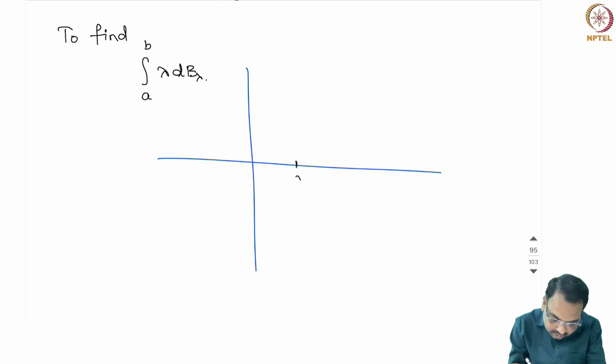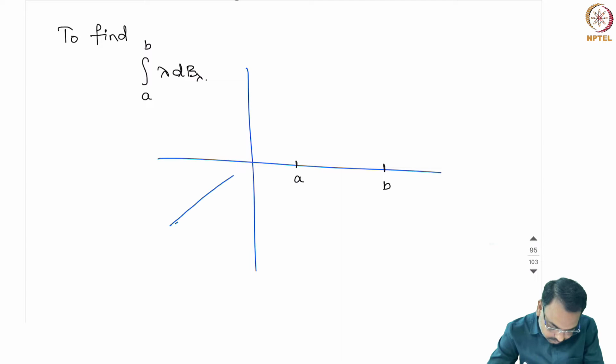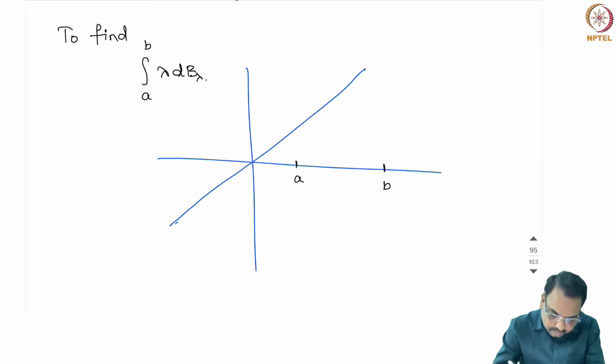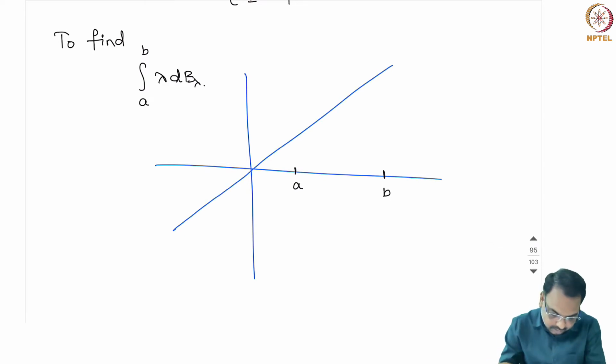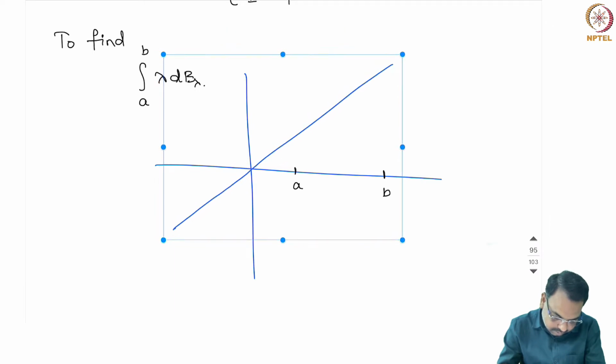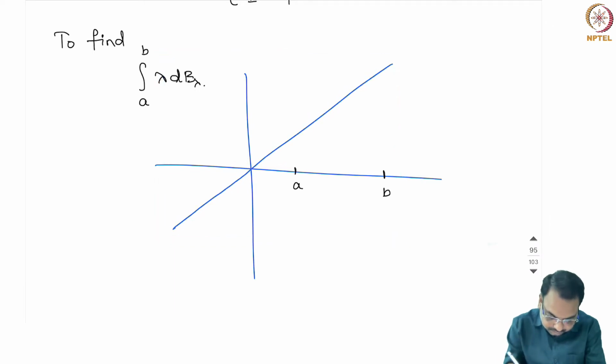Let us say that this is A and this is B. Now we have to look at a partition here, so let us look at a partition around this.